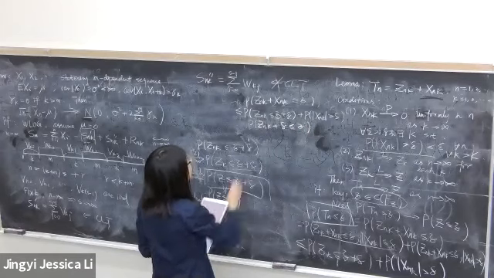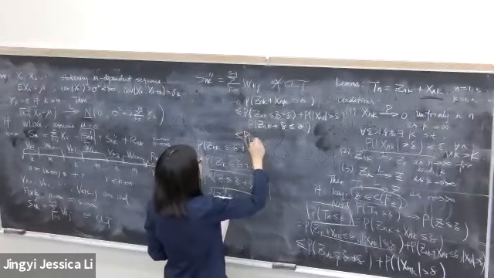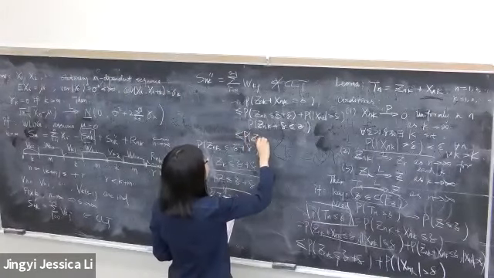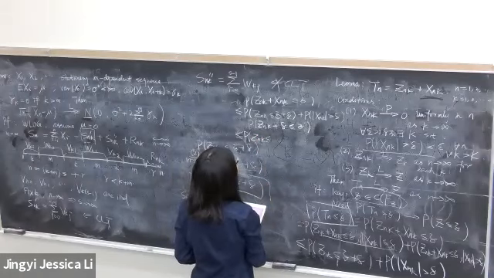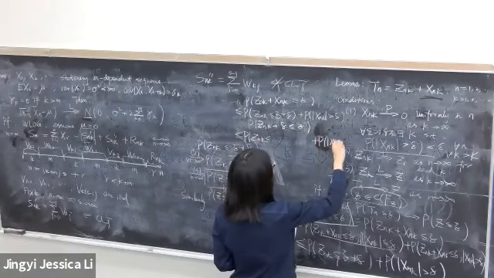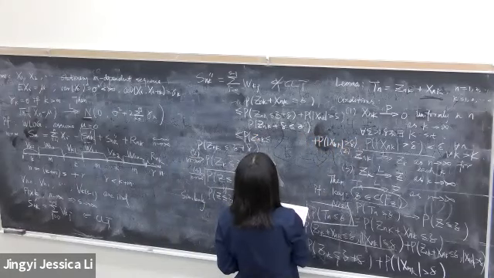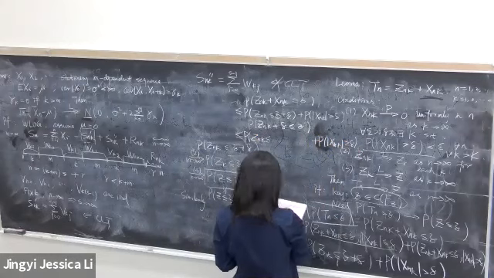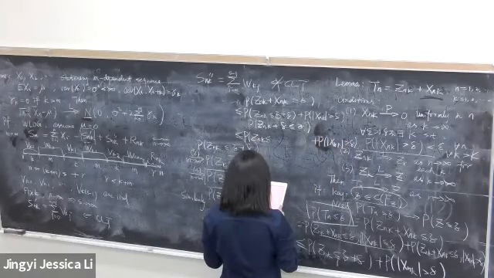On the second line, I would have the probability of Zk less or equal than, the probability of Xk greater than delta.